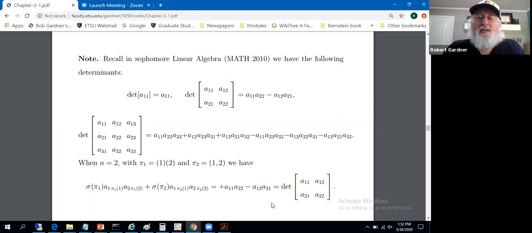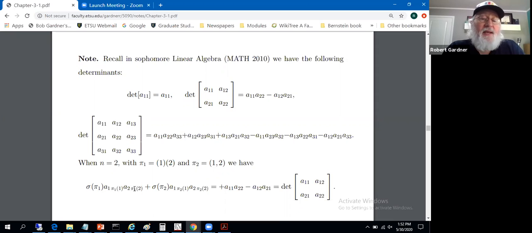So the way we're dealing with this is running through all the permutations in a group of appropriate size, the symmetry group S sub n, if we're dealing with an n by n matrix, and we're taking A1 something, A2 something, and so on. And the something is being determined by that permutation.